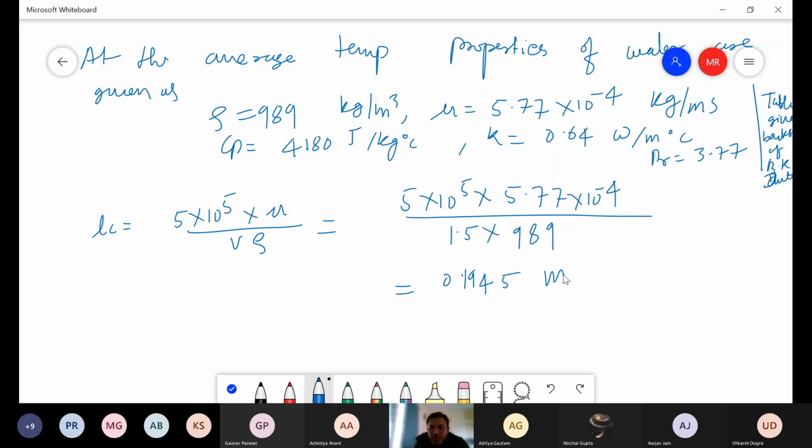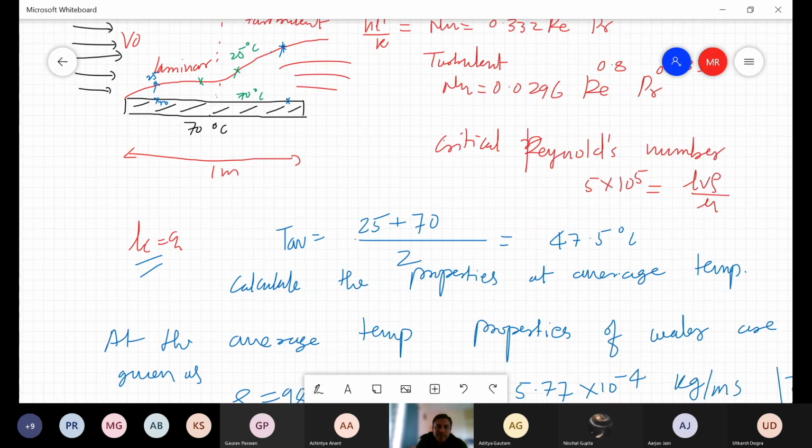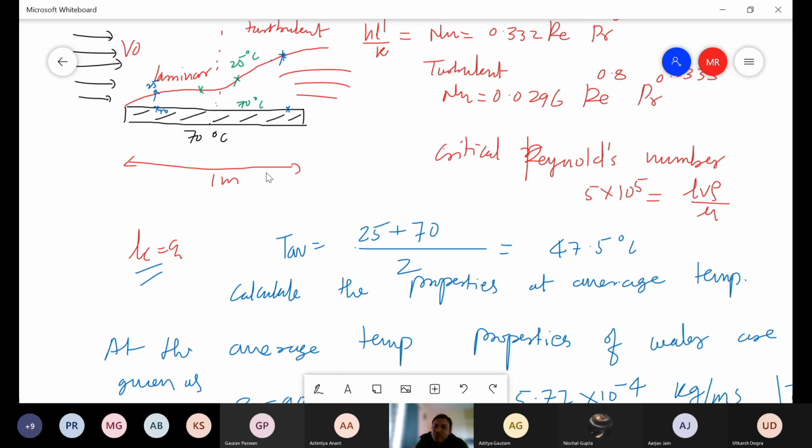Yes or no? Is it clear to everyone? So from this, what can we conclude? We can conclude that both laminar and turbulent regions are going to be present, because from 0 to LC I will have a laminar region, and from LC to 1 meter I am going to have a turbulent region. The total length is 1 meter.